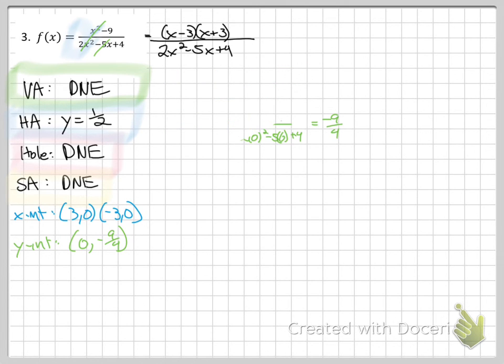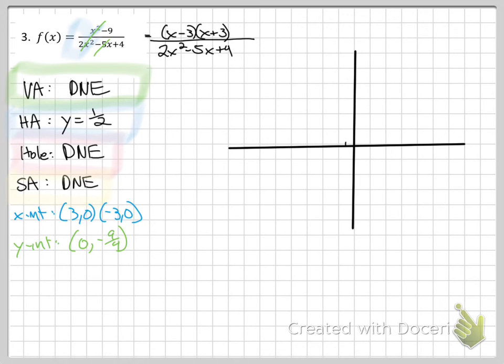Make a table. Nope. Set up a graph, and then we'll see if we need to make a table. So we have a y-intercept, a horizontal asymptote at y equals a half.